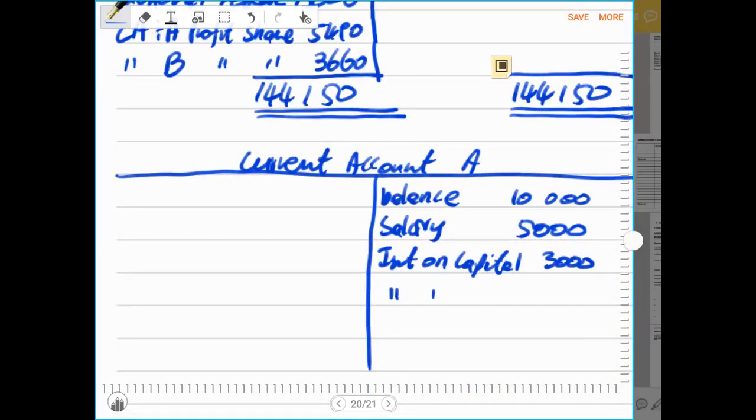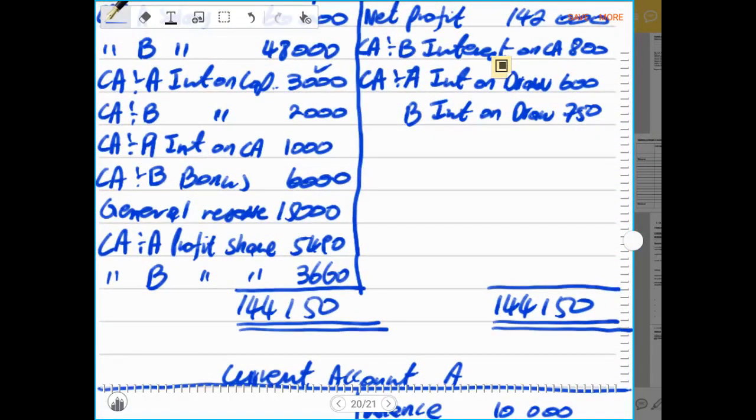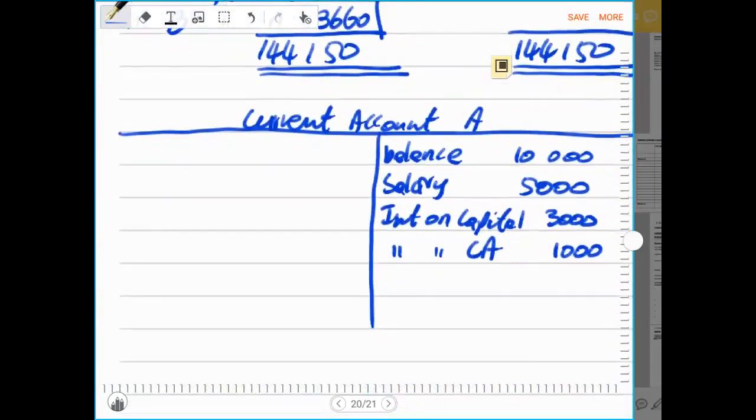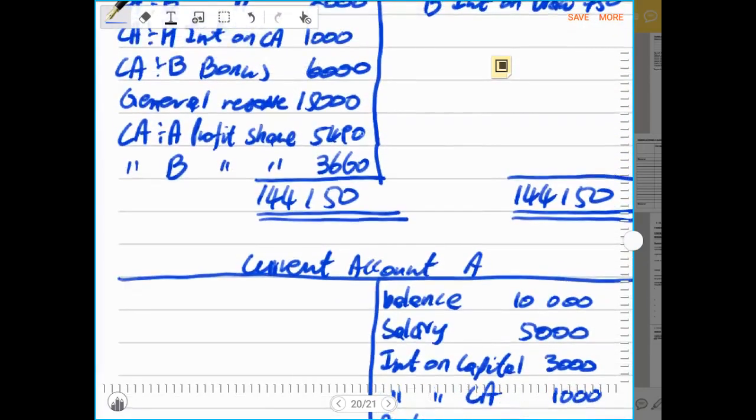The interest on current account is 1,000 for partner A. For partner A we have a profit share again. Profit share, that is on the credit side of the appropriation account. We record the profit share of 5,490. There is 5,490.